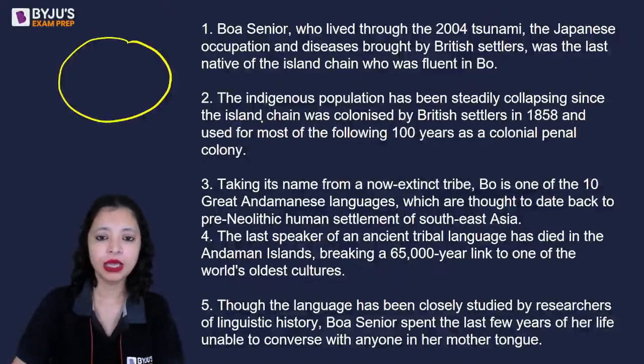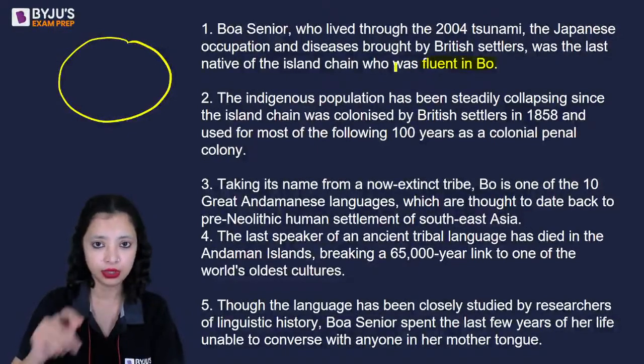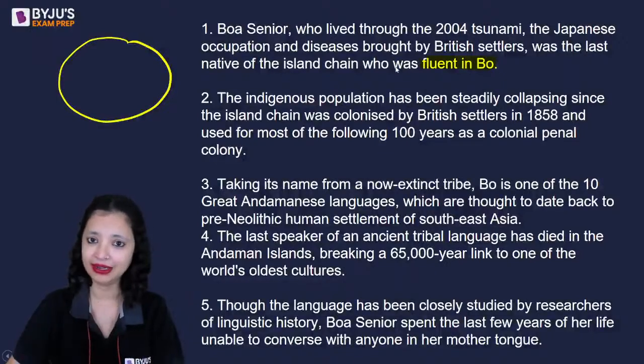Okay. Let me highlight a few words for you. So the first statement talks about a language that the residents of that island speak, and the resident as well. So fluent in both. Also, we have another statement talking about language. We have the fourth statement, again talking of the language. We have the third statement, again talking of the language.